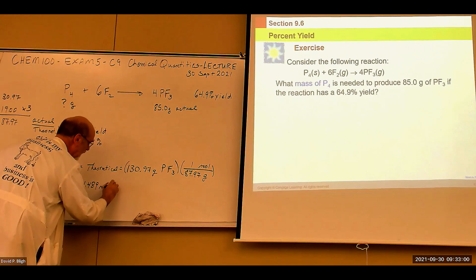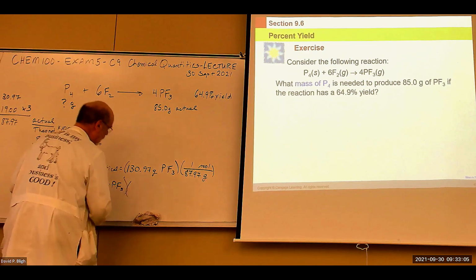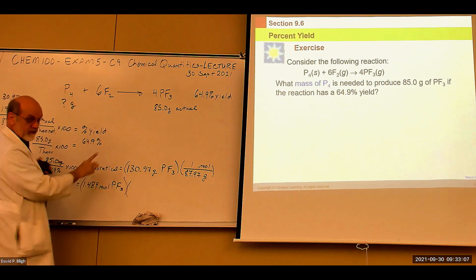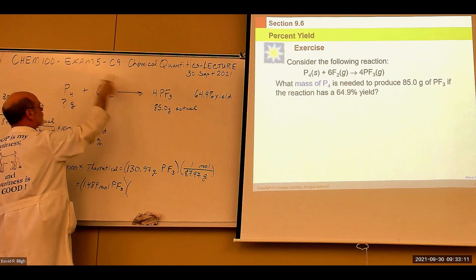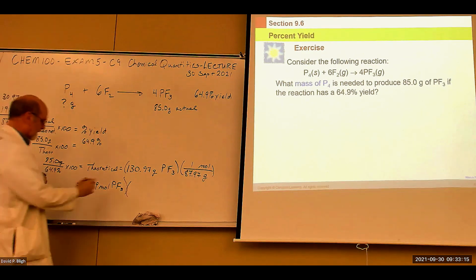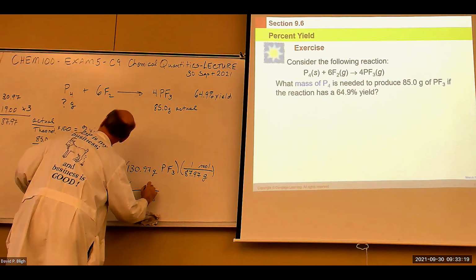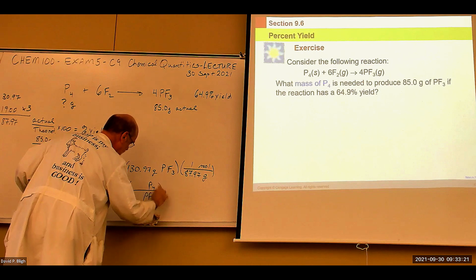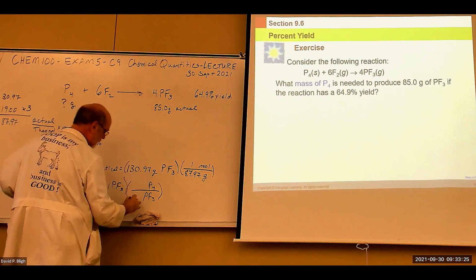Moles of PF3. Now that we've got moles, we can use these coefficients to convert. PF3 is here and P4 is there. So what's the ratio? 4 to 1.